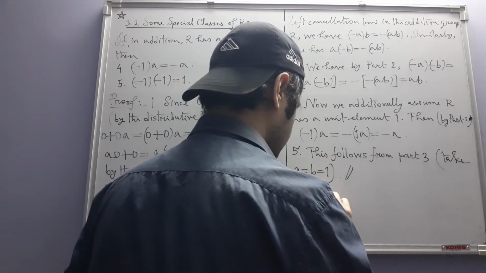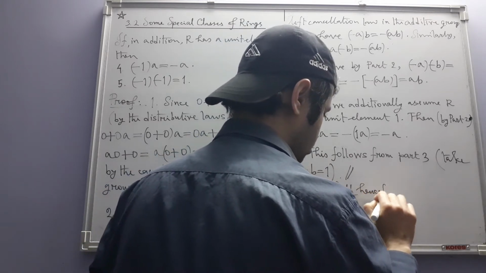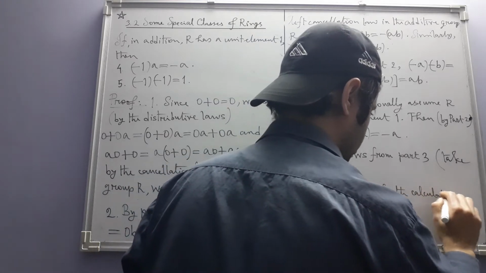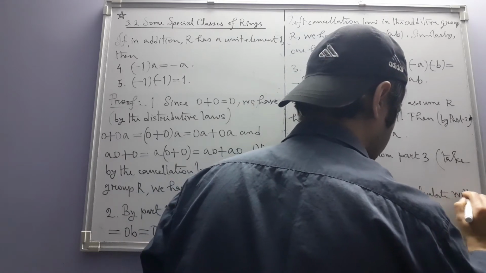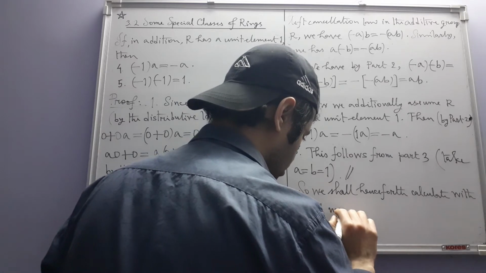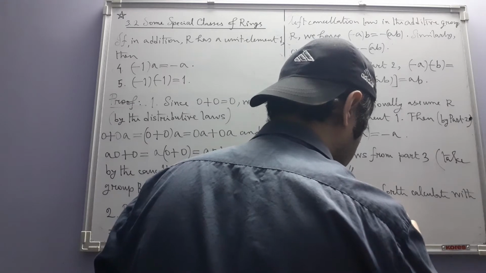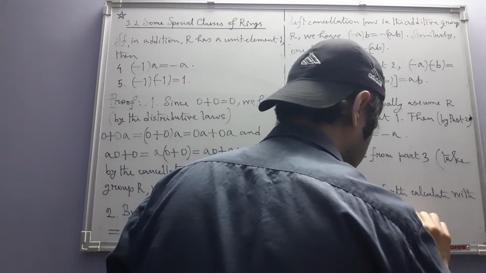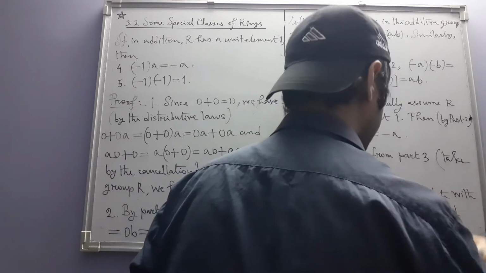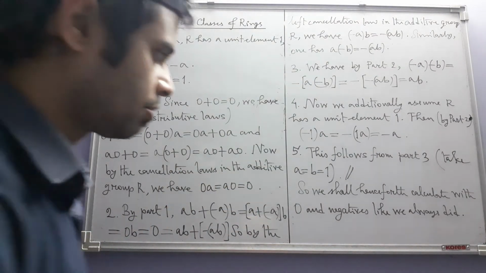So we shall henceforth calculate with 0 and negatives like we always did. Always did means like how we do with integers or real numbers.